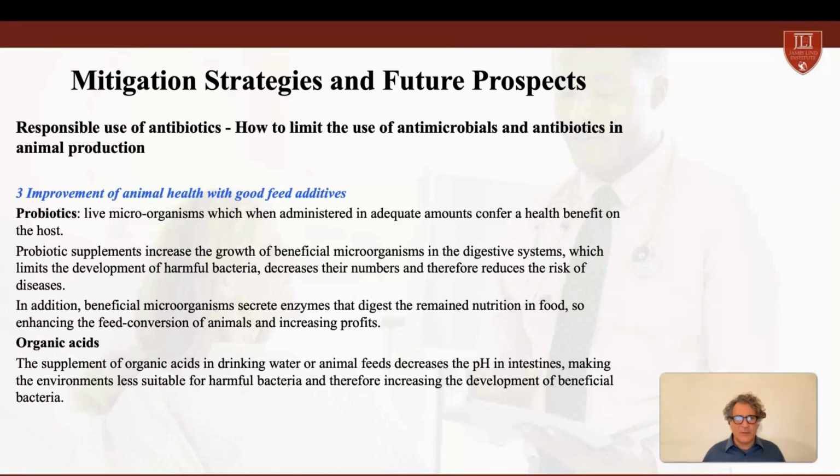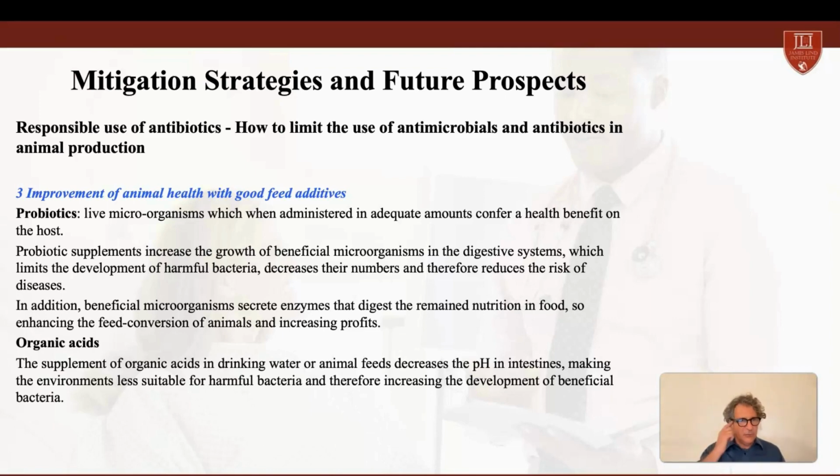Improvement of animal health with a good feed additive. There are generally two ways in which we can give animals something different from antibiotics to develop their resistance toward disease.